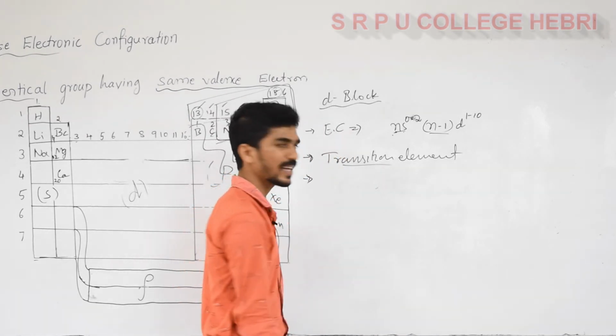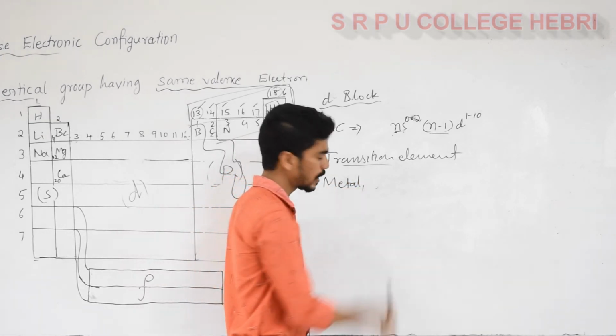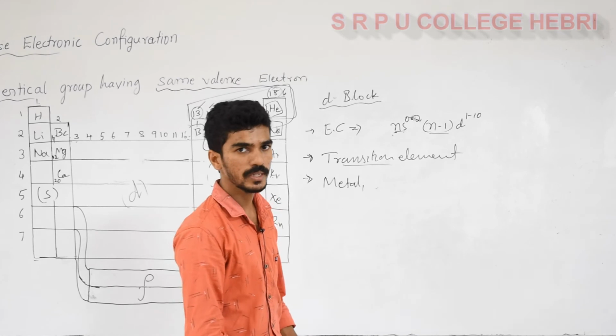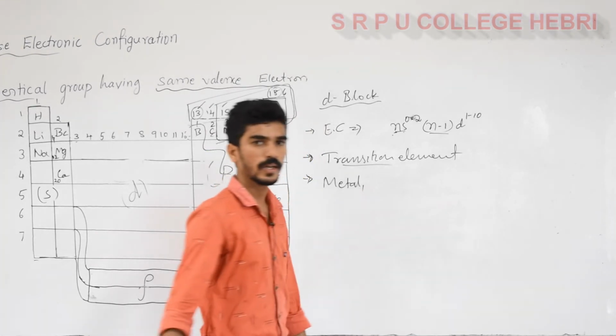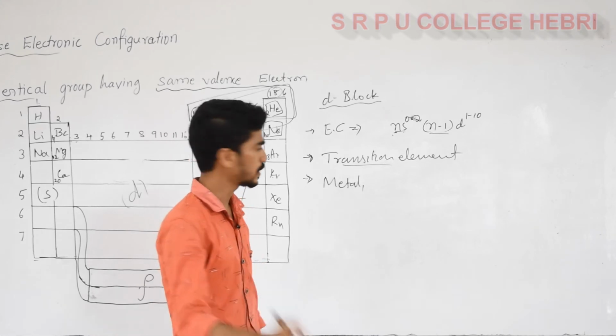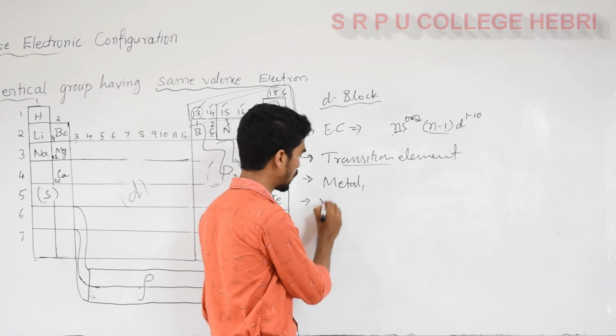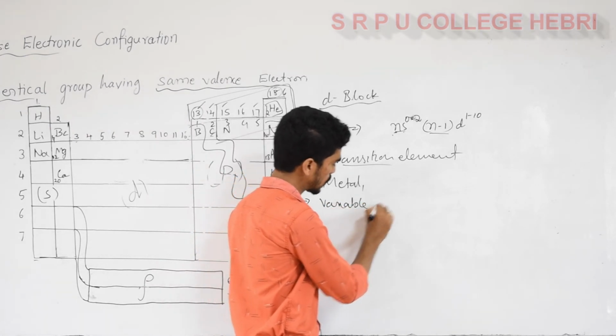Now metallic character: almost all the elements are metals in nature except mercury. Mercury is a liquid in state. You should remember only one metal that is in a liquid state in the free state, that is mercury.